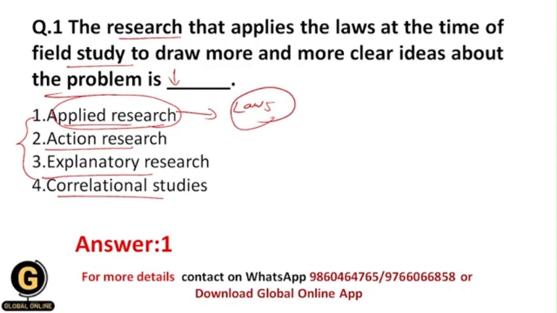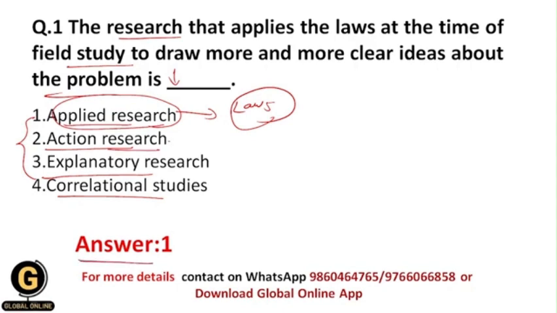By applying the laws or principles, it would be easier for all of us to solve the problems very easily, and we will get the conclusions of our results very easily and very efficiently. That's why here the correct answer is 1.